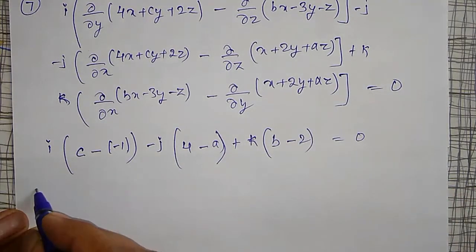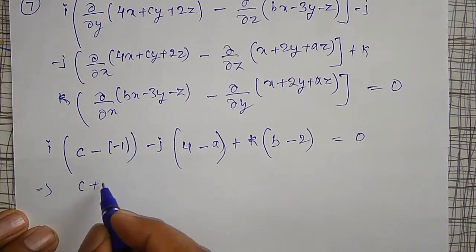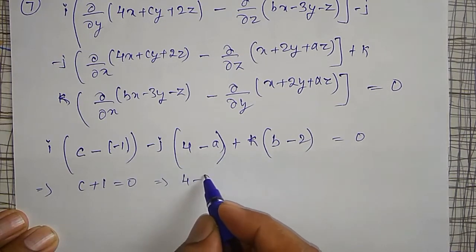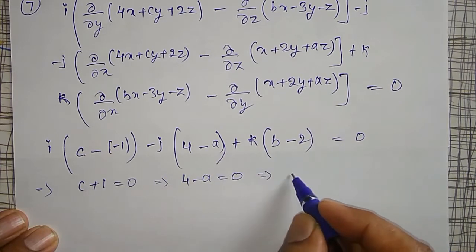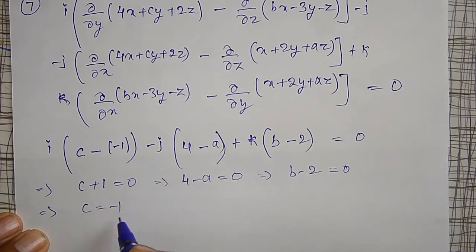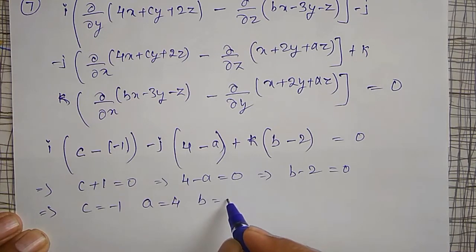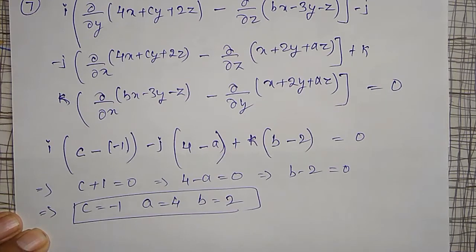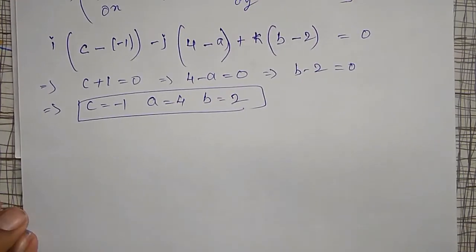Equating to 0, which implies c plus 1 is equal to 0, 4 minus a equal to 0, and b minus 2 equal to 0. That implies c equals minus 1, a equals 4, and b equals 2 are the values of A, B, C. Using this, I have to find a scalar potential.